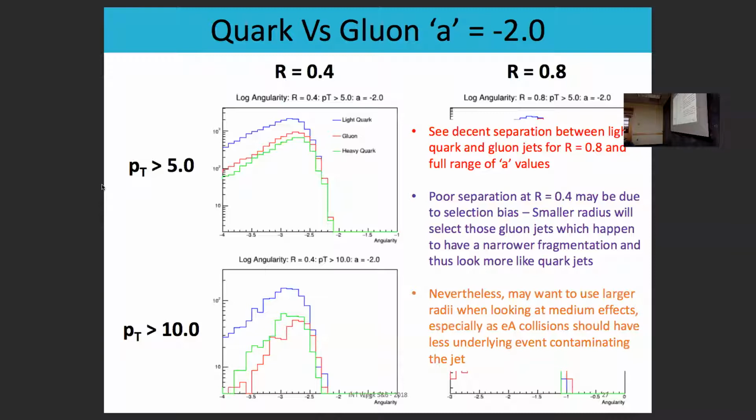So we're biasing ourselves to pick the gluon jets that match the quark jets. But it also points to maybe using a bit larger radius when doing these kinds of things, so we're not biasing ourselves.